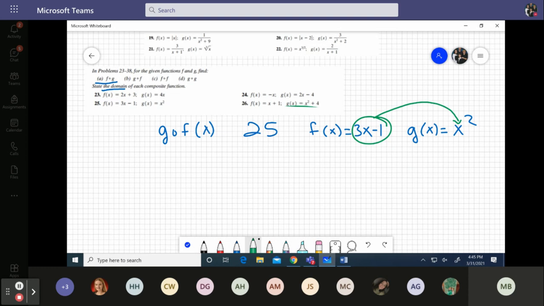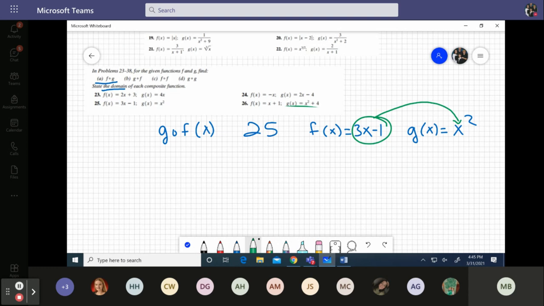Now, you know that's just going to come out to a quadratic, right? What's the domain of anything quadratic? This is linear, this is quadratic, all real, all real. So my domain here is also going to be all real.